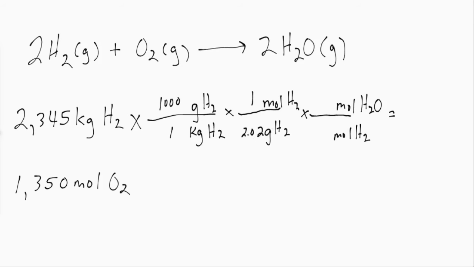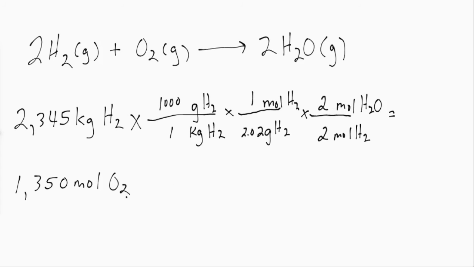But since it's 1 mole of H2, 1 mole of H2 has a mass of 2.02 grams. Now we look at, do you remember what they're called? Our coefficients. And here it says that 2 moles of hydrogen gas make 2 moles of water. So we'll put a 2 here and a 2 here.